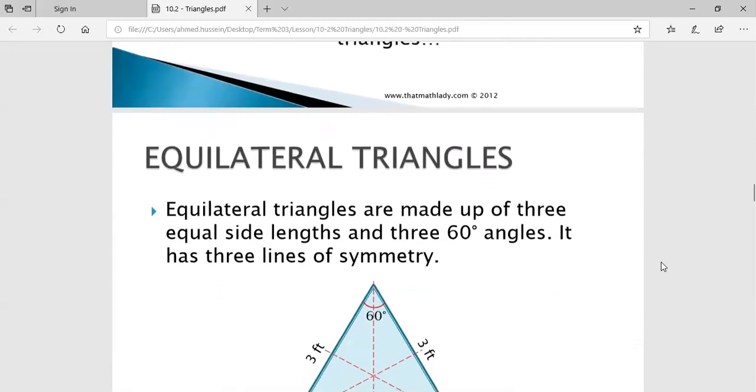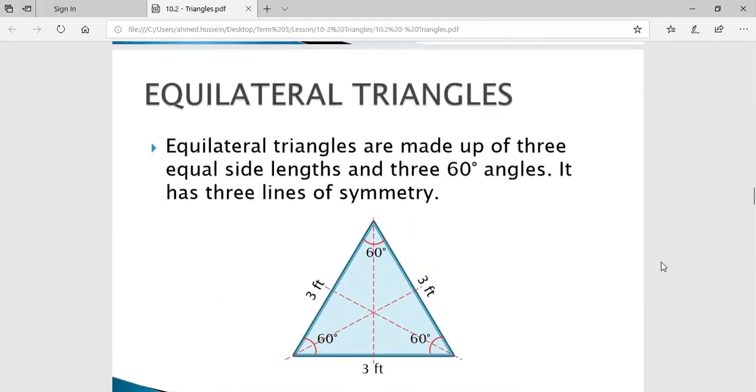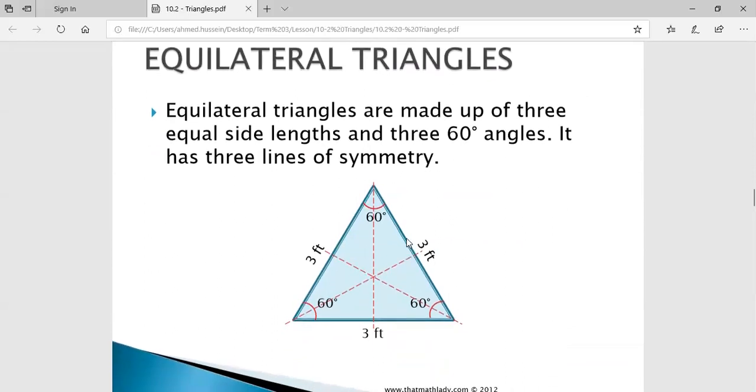The equilateral triangle has three congruent angles of 60 degrees and three congruent segments, whatever length it is.